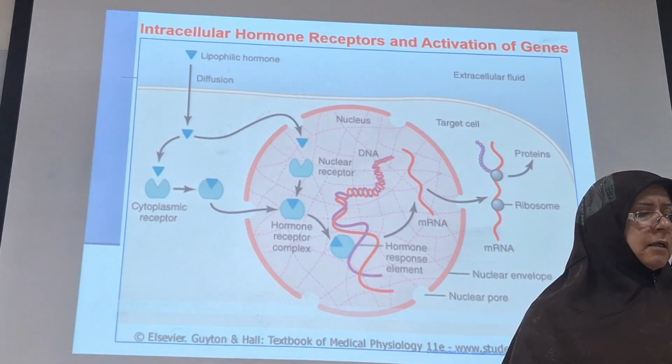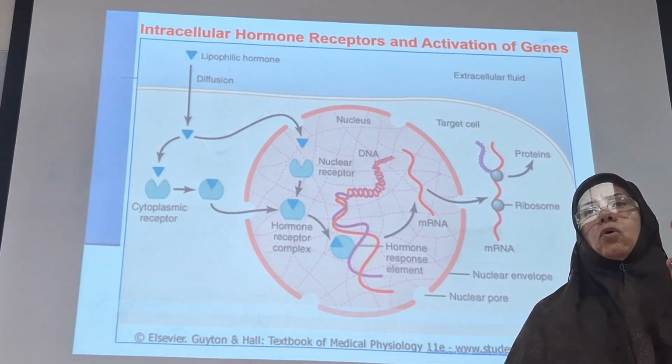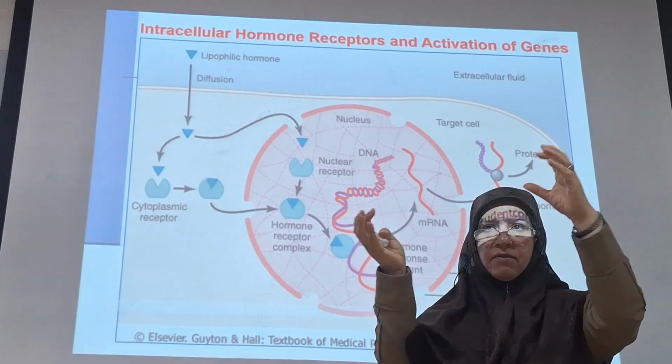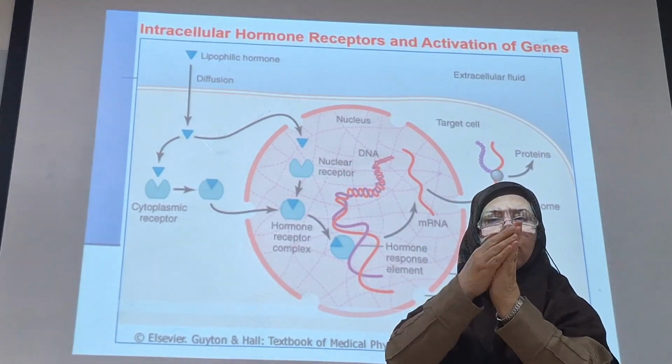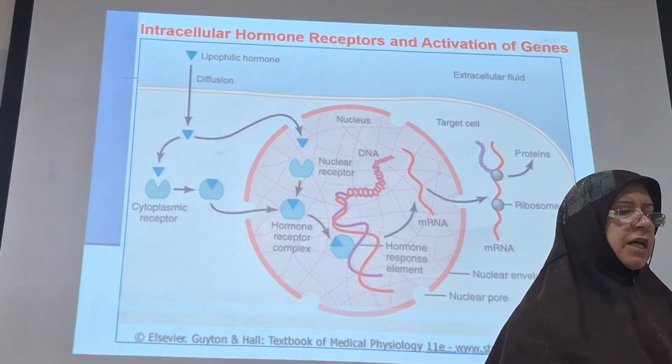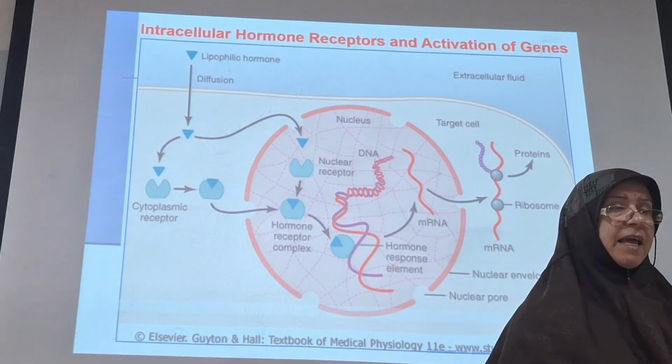In the nucleus, two hormone-receptor complexes dimerize to each other and bind to the HRE, the hormone response element of DNA.